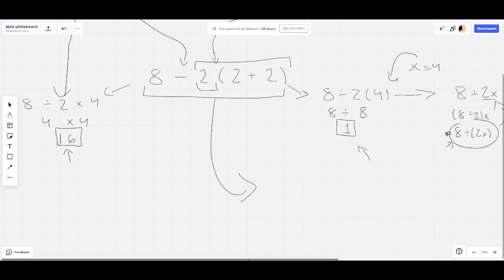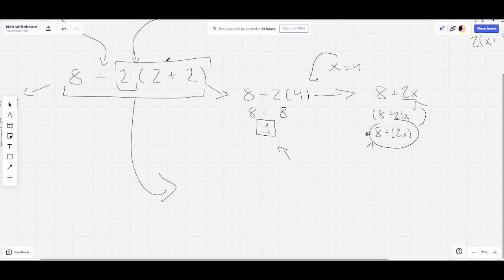And in algebra or calculus, we would subscribe to this idea because of the same principles as here. This 2x would be 1 unit, and it would be treated as this. And so this would be treated in the same way. Like these are invisible, but there's like invisible parentheses around this whole thing. And we would actually write it like this. Which would give you 8 over 8, which is 1.